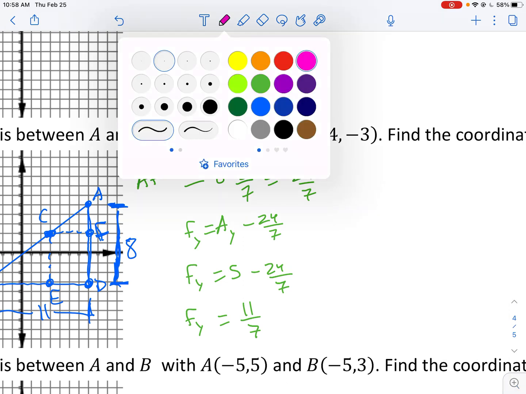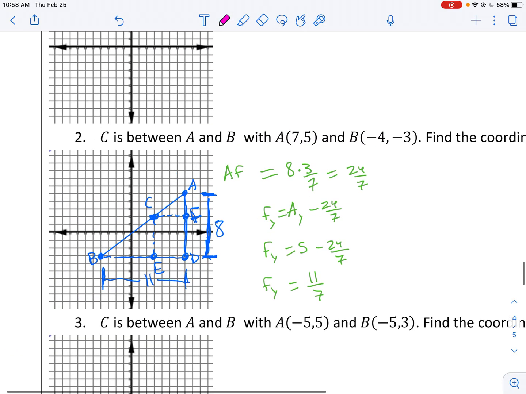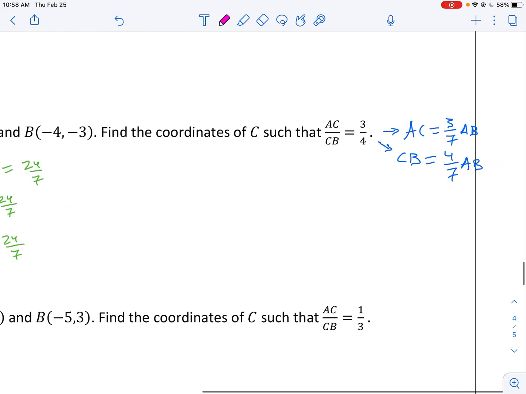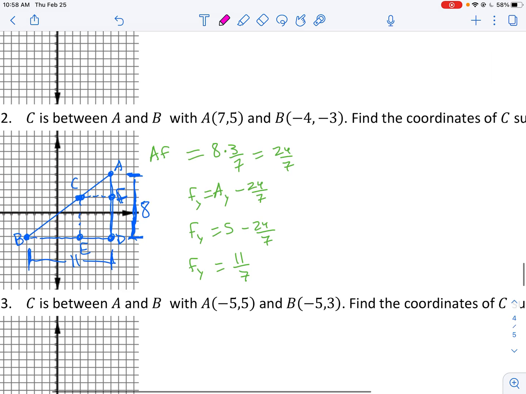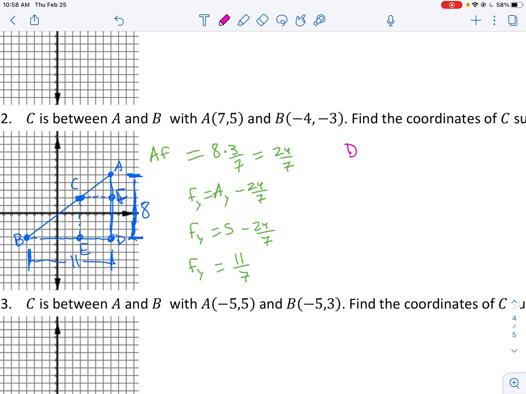So let's switch colors. We're going to get the x-coordinate for E. Again, I can use my scale factor here. 11 times something is going to equal this. And I know that scale factor already, it's 4/7. So I know the distance from D to E is going to be 4/7 the distance from D to B. And that distance is 11.